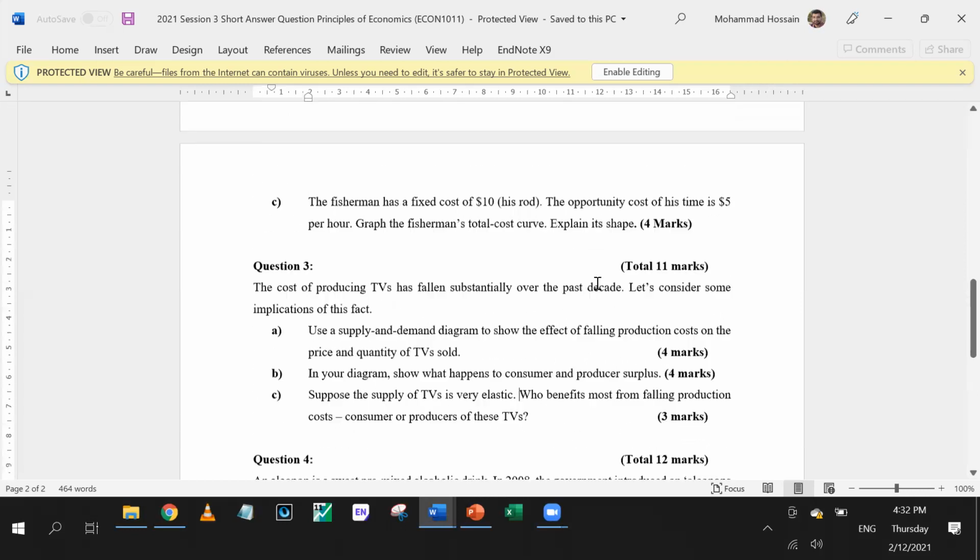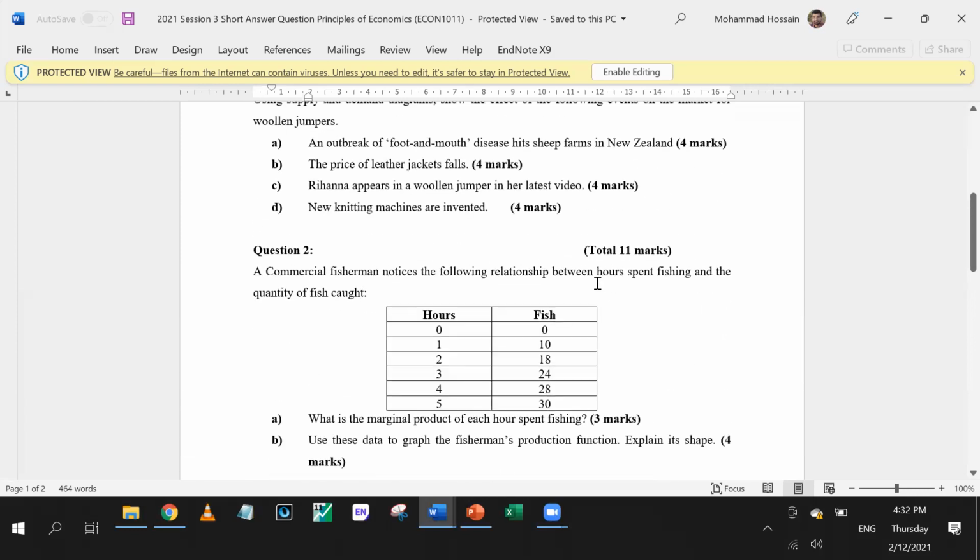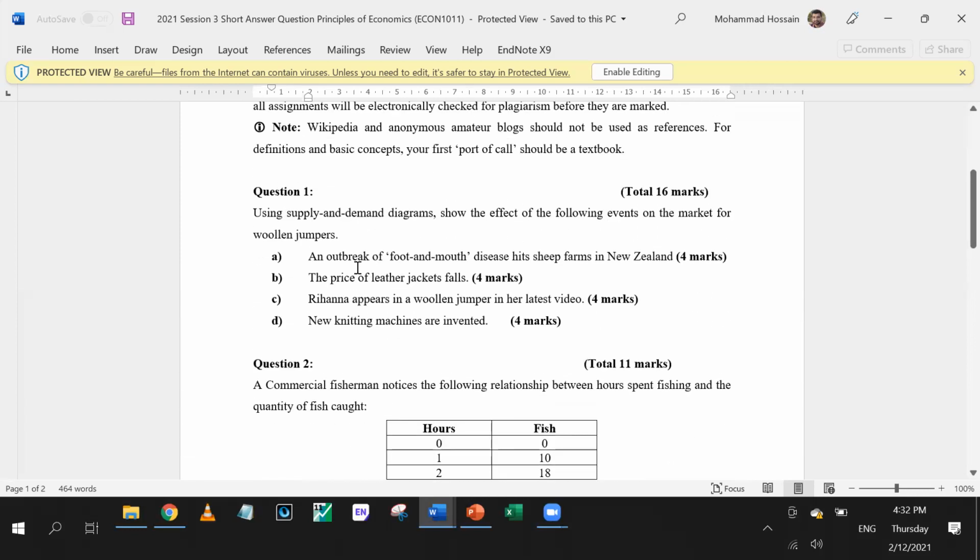So you have to draw me a diagram. Outbreak of foot and mouth disease in New Zealand. What's going to happen to their woolen jumper market? So you have to give me a diagram and explain what you understand.